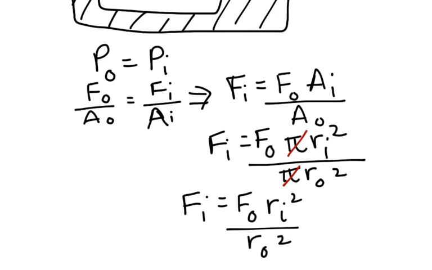So let's take a look at this. The circular area that the car is on, if we can increase that, that's what I call the radius out, then it will decrease the force that I'm required to put in to raise up that car.